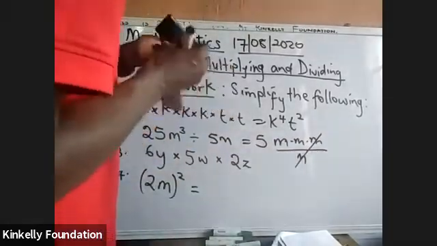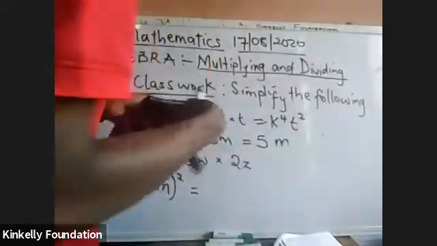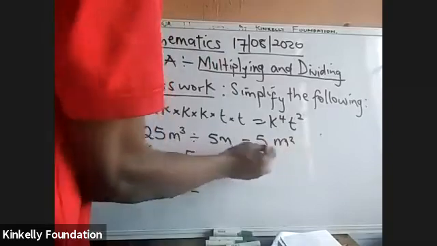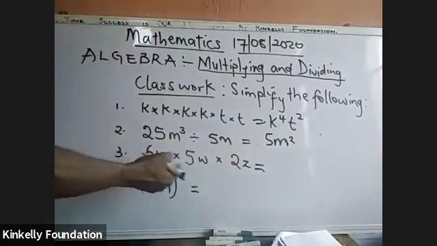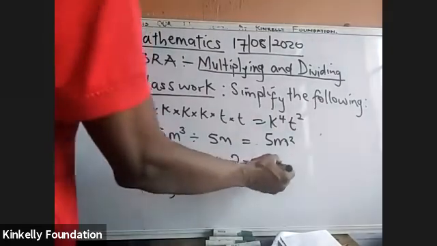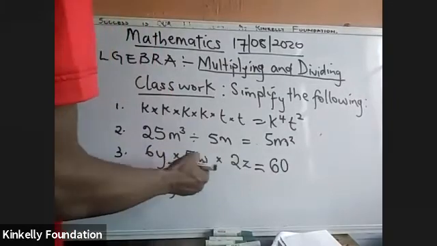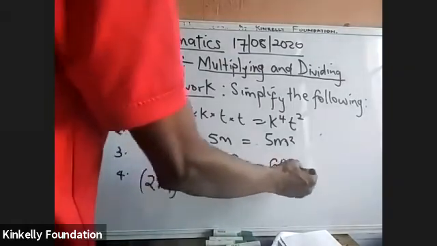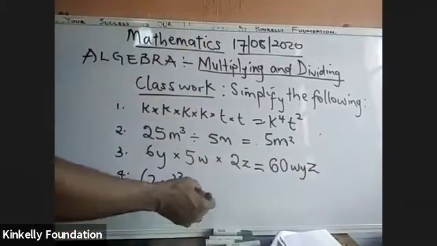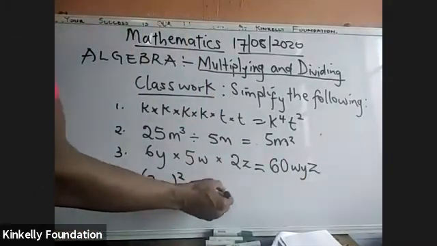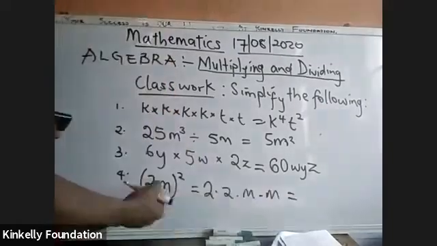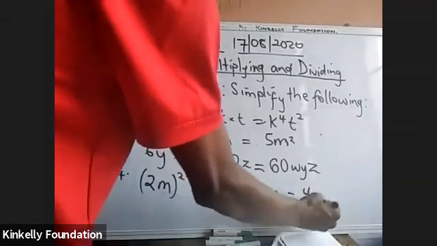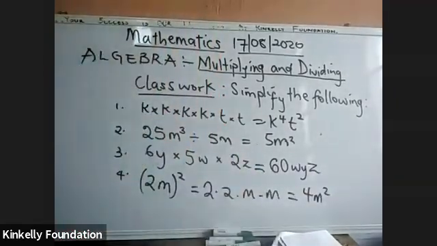So here it becomes m raised to power 2. Now, 6 times 5 is 30, times 2 is 60, xyz. And this one means 2 times 2 times m times n to give us 4m squared. So these are the answers to the questions on the board.